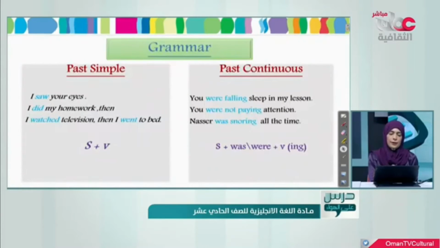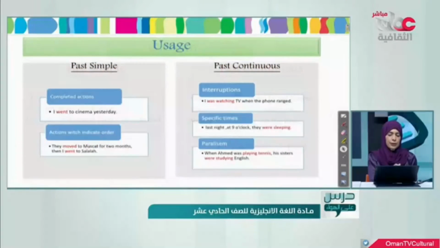We will take some of the sentences that are found in the text. I classified them into two categories, as you can see here on the screen, the past simple and the past continuous on the right side. And I listed 3 examples for each type of them.